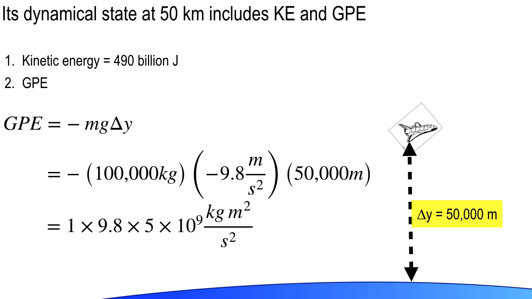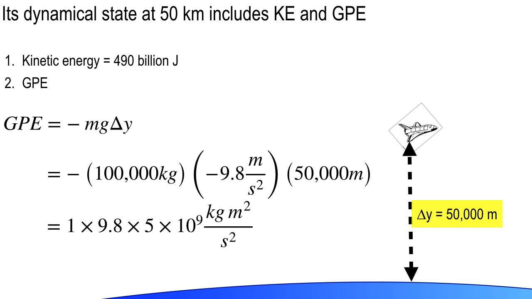Now what I do on this one is I take all my powers of 10 out. So 100,000 is 1 times 10 to the 5. 50,000 is 5 times 10 to the 4. So I have 10 to the 9 total, and then 1 times 9.8 times 5.